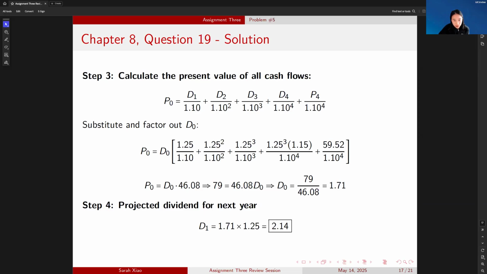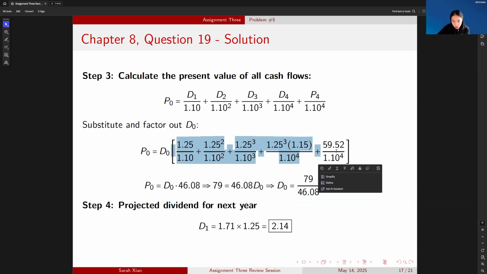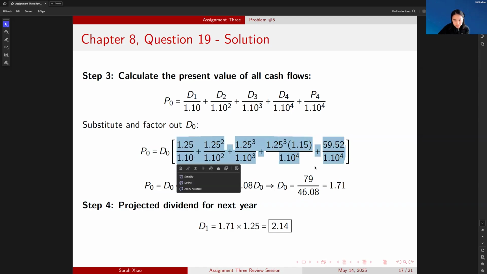So we rearrange this formula to factor out D0 as this one here. So we can find that P0 should be D0 times 46.08, which is the final result of this formula in the parentheses.